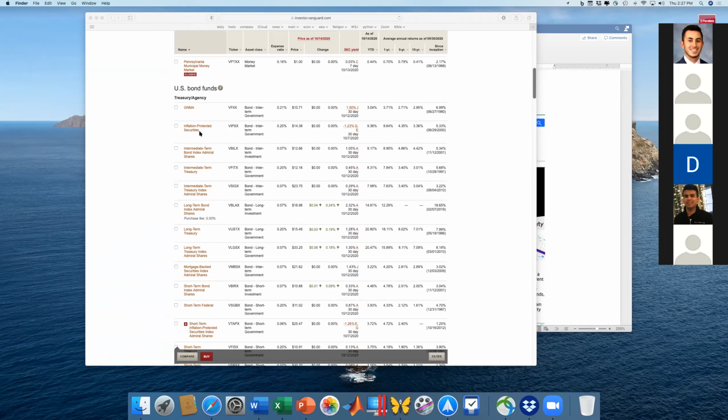Going down this list, the one that I picked was this long-term treasury fund, which is VUSTX. That happens to be its symbol.